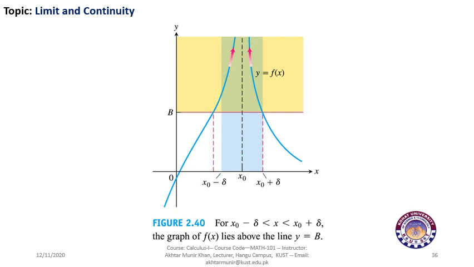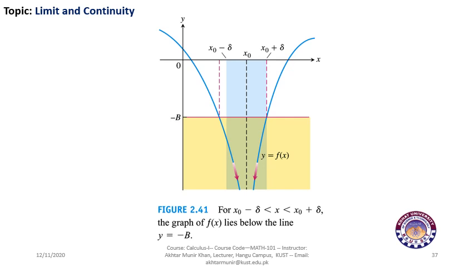So this is the geometric interpretation of the previous definition. For x naught minus delta, that is x lying between these two endpoints, the graph of f of x lies above the line y equals b.